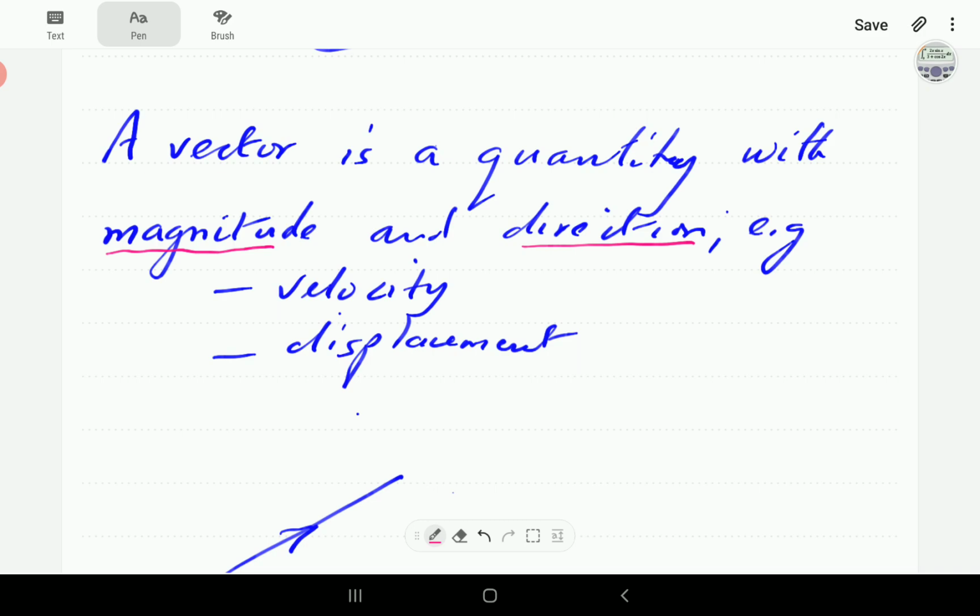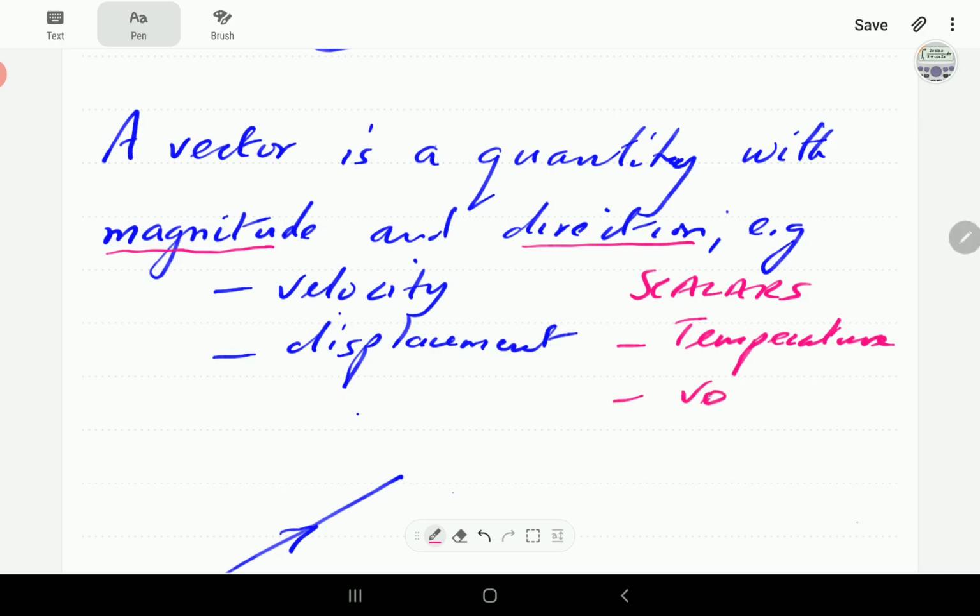And then quantities that have got magnitude only are called scalars, and examples include temperature. So if you state the temperature, I can say an object has got temperature 25 degrees, for instance. There is no direction associated with that.